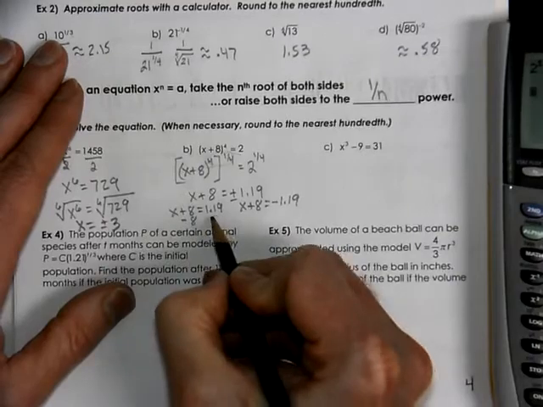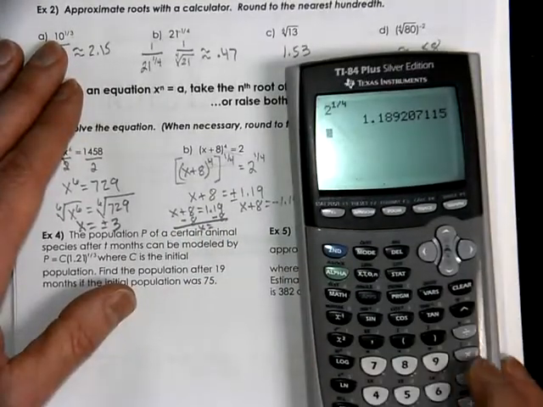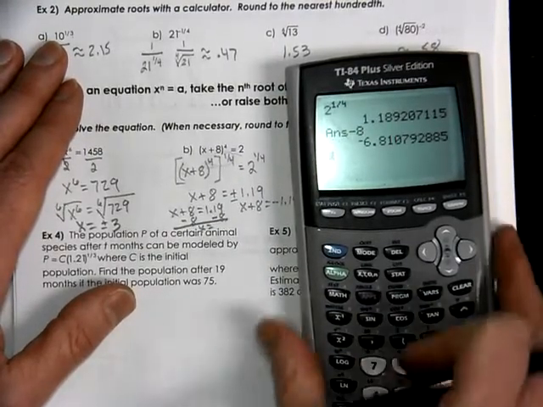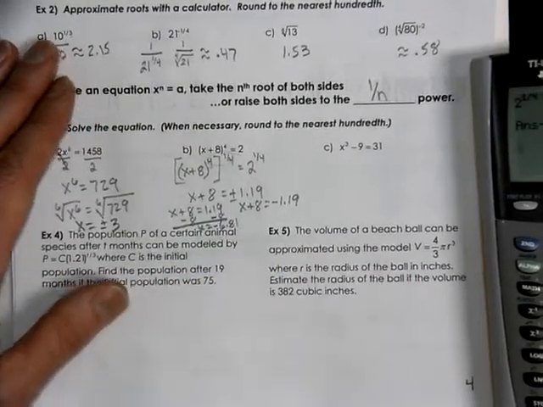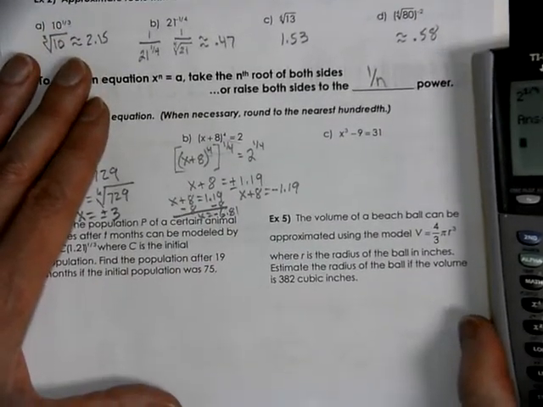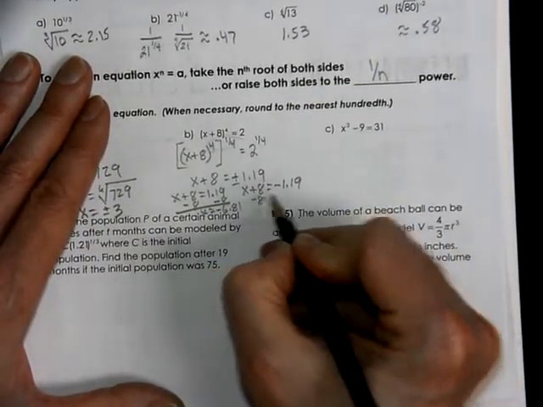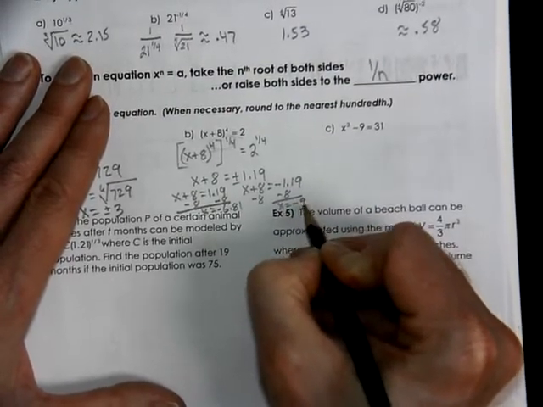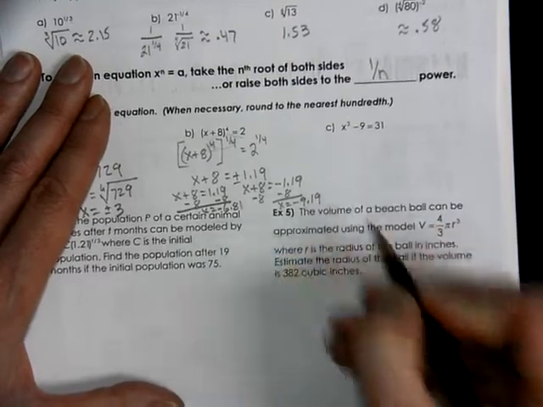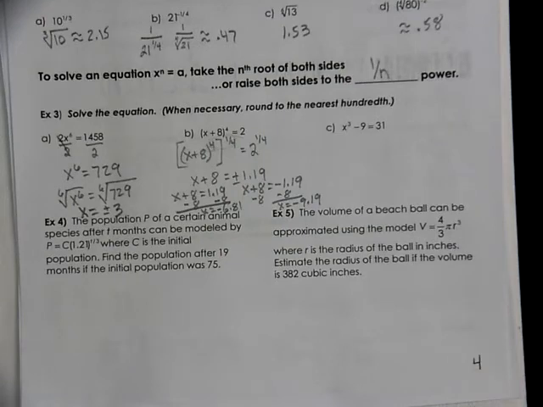We subtract the 8 and get x equals negative 6.81, or x equals negative 9.19. So you get two different numbers that could be plugged in.